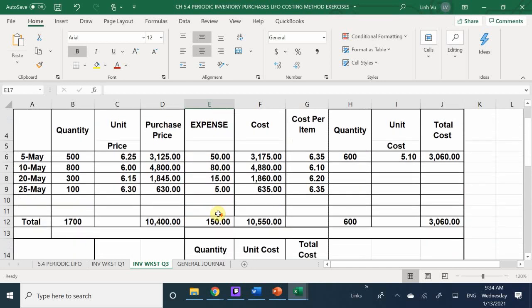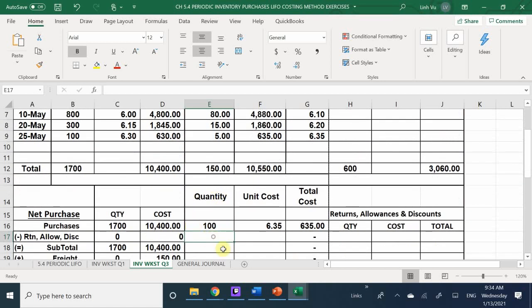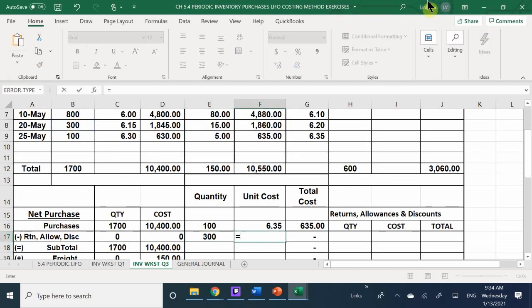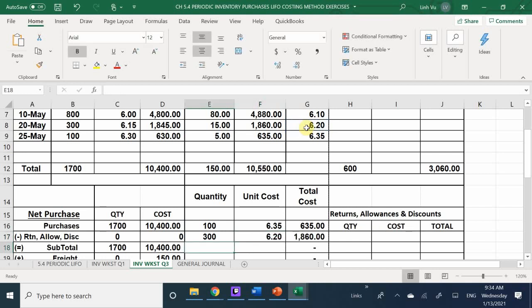May 20th, the 300. Perfect. The 300 on May 20th. Okay. And that cost me a total of 1,860. Okay. So now that we have only 400 that we sold.